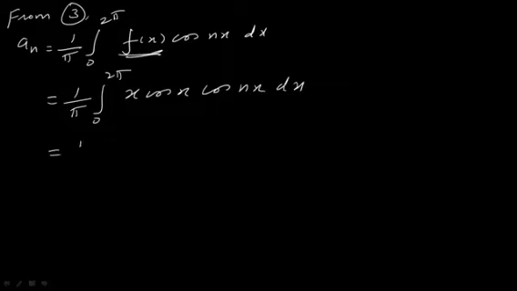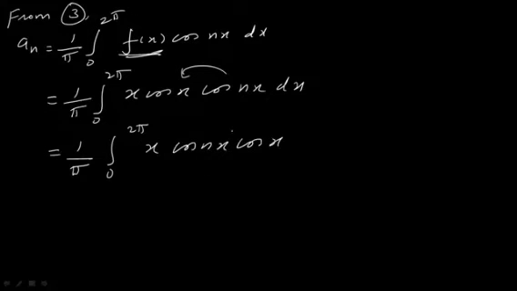What I am going to do next is 1 by pi integral 0 to 2 pi. I have to take this cos nx to the front first and next I have to take cos x. So cos nx cos x. Interchanging the position in a multiplication doesn't change the value of the integral. Am I right? So that is dx.